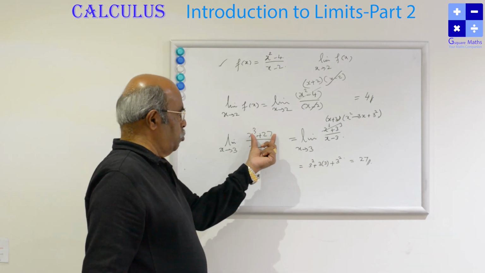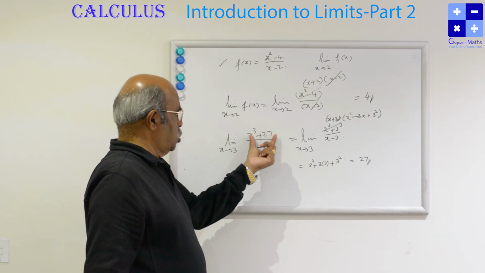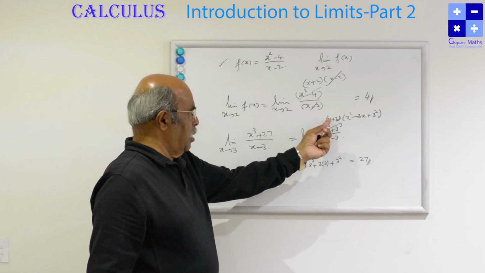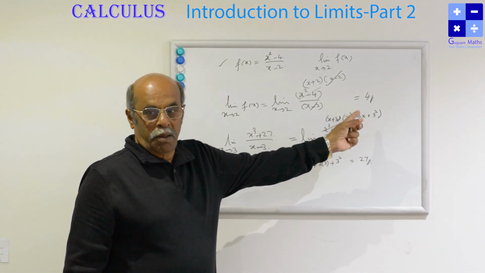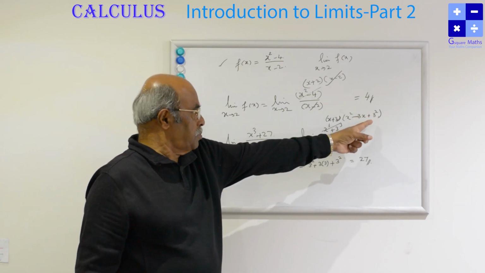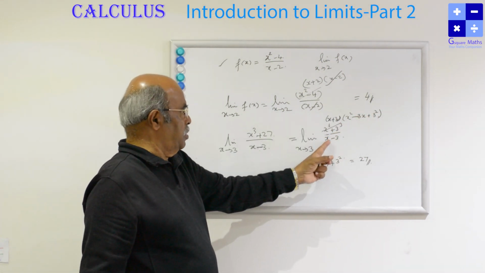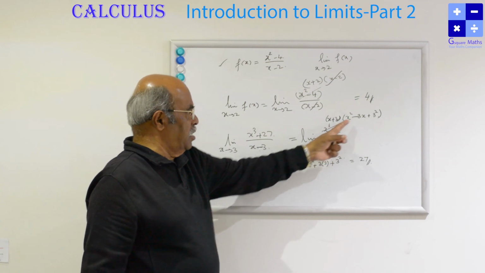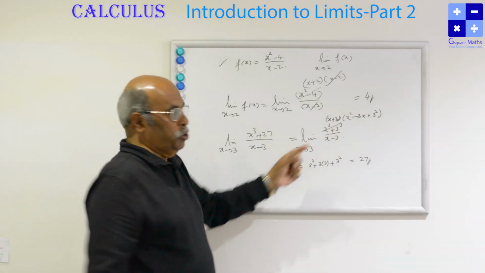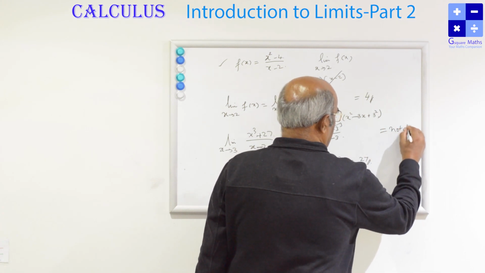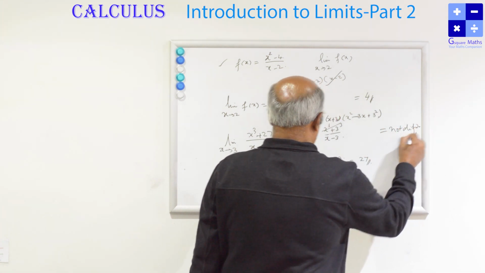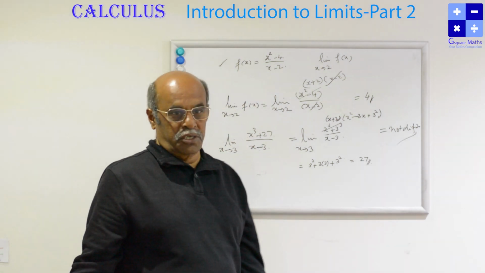X cube plus 27 can be written as x cube plus 3 cube. That is a cube plus b cube is equal to (a plus b)(a square minus ab plus b square). So this we cannot cancel anything, so it is coming not defined.